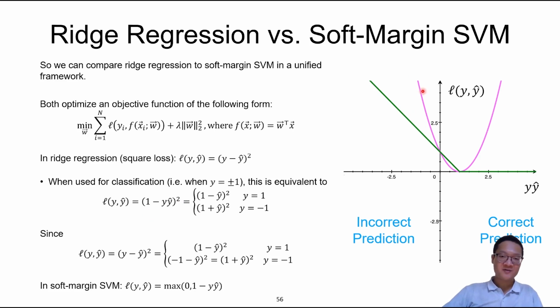If we used the loss that we typically use for regression and directly transferred it over for use in classification, then it doesn't work so well because it will over penalize the predictions that are too correct, which is not desirable, and at the same time penalize the predictions that are too incorrect as well, and much more so compared to the hinge loss. So the hinge loss is a much better loss for classification.